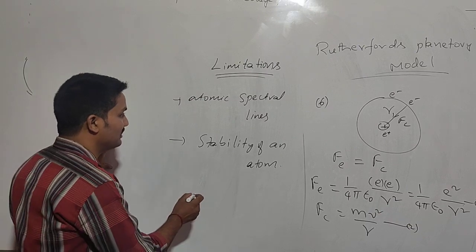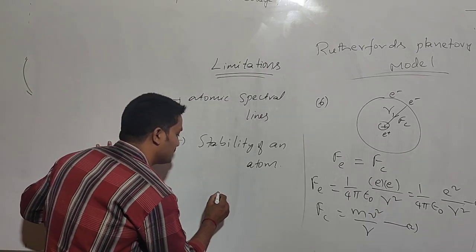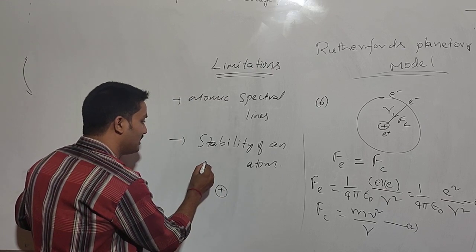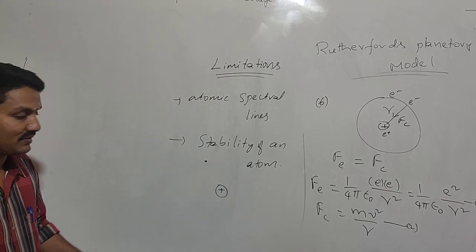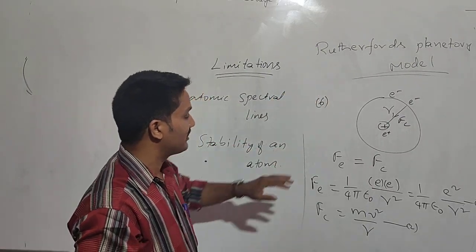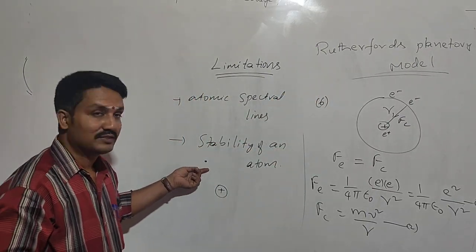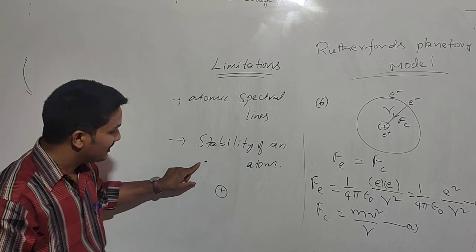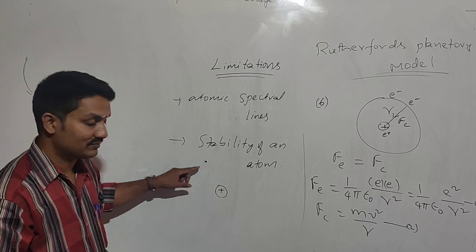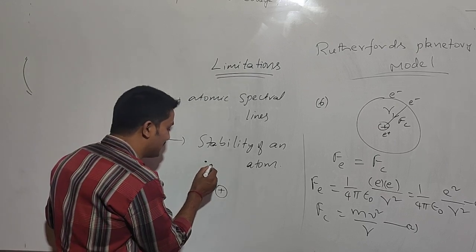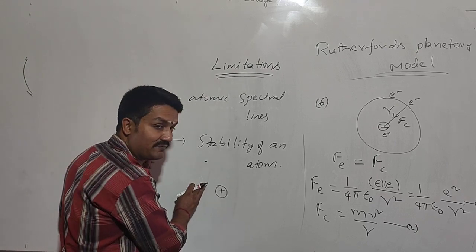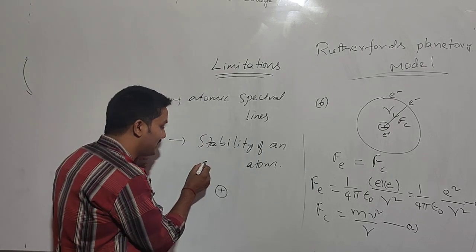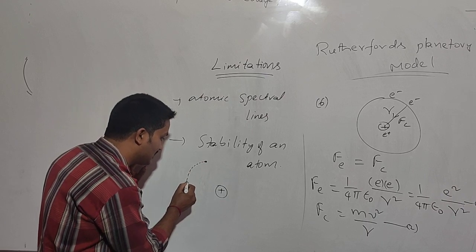So that means, let us suppose here, this one is the nucleus and this one is the electron. According to the Rutherford planetary model, the revolving electron always radiates energy. While it is radiating energy, after some time it may be lost. The energy gradually decreases.